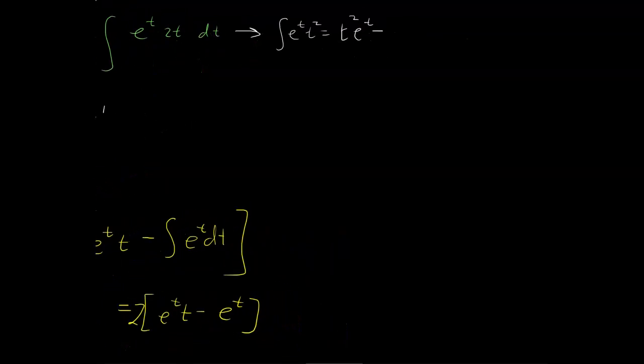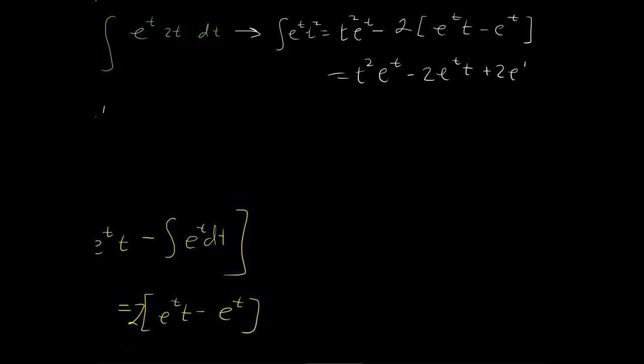That gives me minus 2 times (t e to the t minus e to the t). So this particular method used integration by parts twice. And I chose it to illustrate that it's a process that can continue on and on.